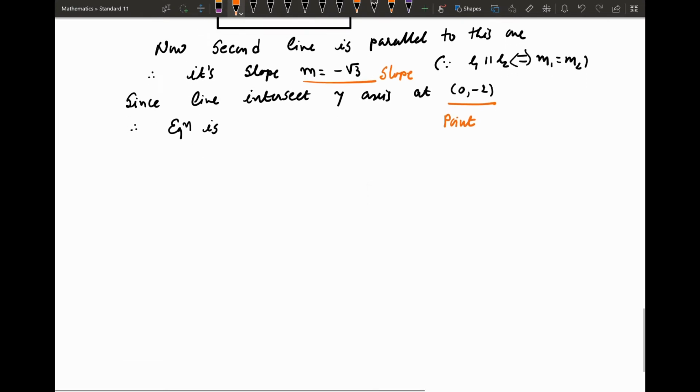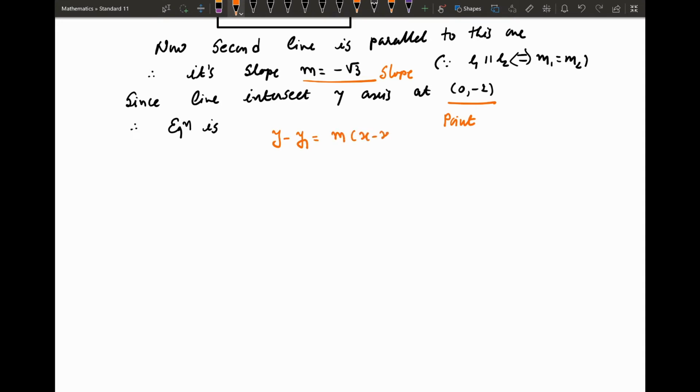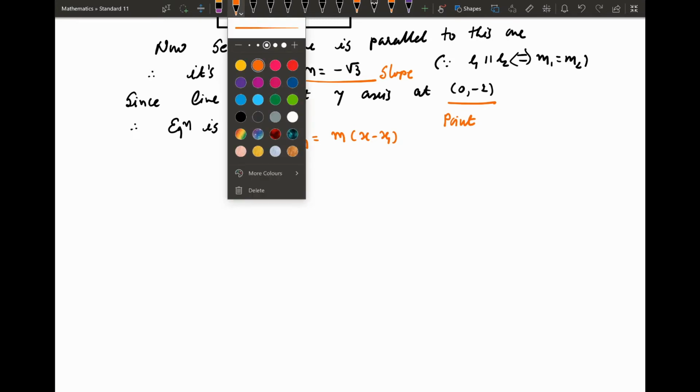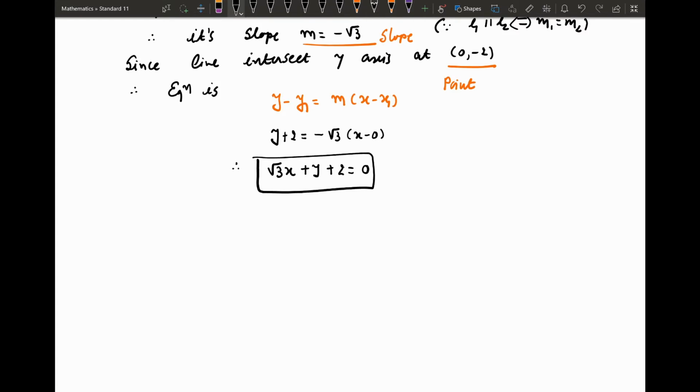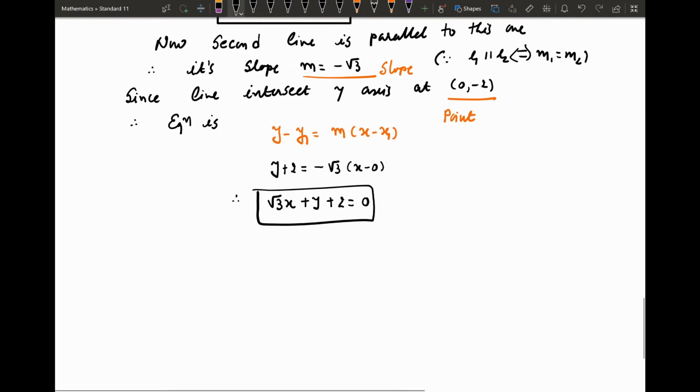So the equation using the point slope form y minus y1 equal to m into x minus x1 gives y plus 2 equal to minus root 3 into x minus 0, and further simplification will give root 3x plus y plus 2 equal to 0. So this is the required equation.